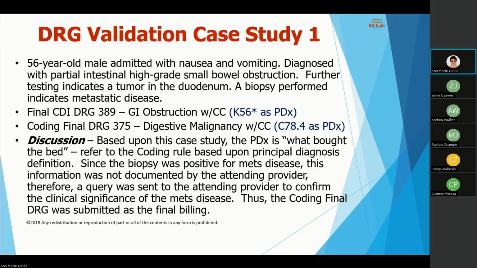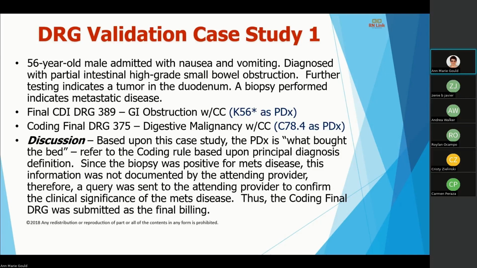So you would refer to the coding rule based upon the principal diagnosis definition, right? Since the biopsy was positive for Mets disease, this information was not documented by the attending provider. Therefore, a query was sent to the attending provider to confirm the clinical significance of the Mets disease.